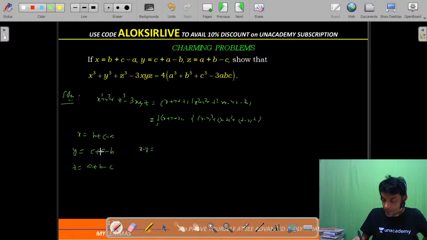So see, c cancels and you are getting negative 2 times (a minus b). Similarly, y minus z, negative 2 times (b minus c), and z minus x is negative 2 times (c minus a). You'll get this kind of thing.